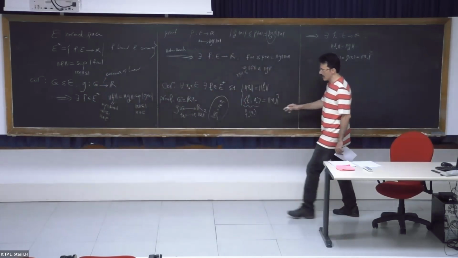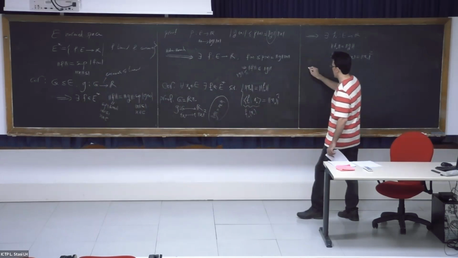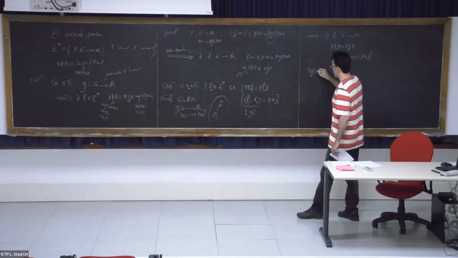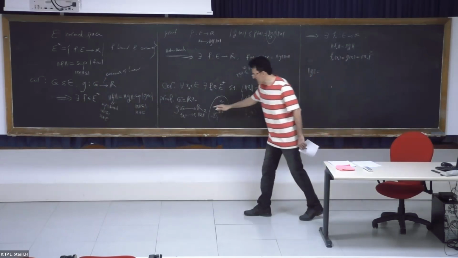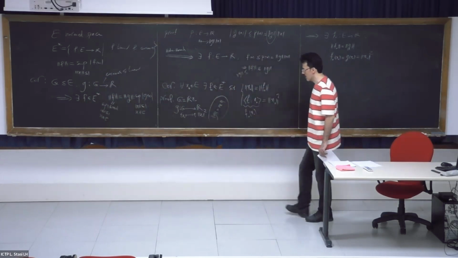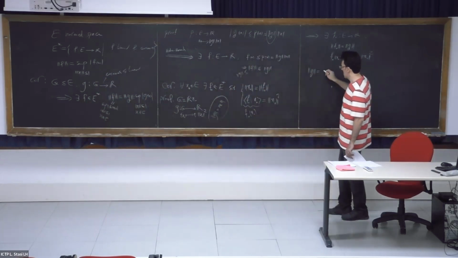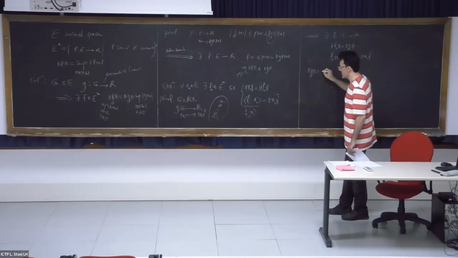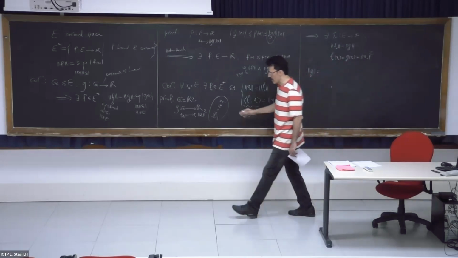I need to check this. The norm of G is the norm of x0 here because the norm is defined on the unit ball.